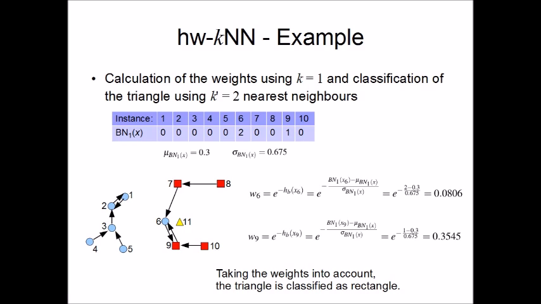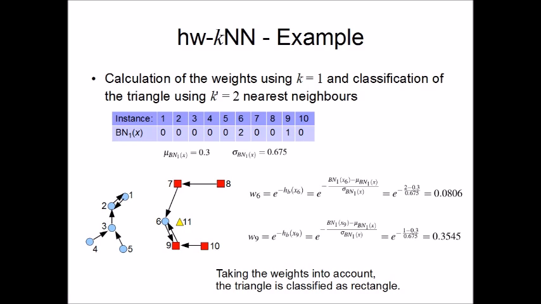As we have already calculated BNk(x) for each training instance, we know that the mean of BNk(x) is 0.3, whereas the standard deviation of BNk(x) is 0.675. So, the normalized bad Hwknn score for instance number 6 is simply the BNk(x) value of instance number 6 minus the mean of BNk(x), divided by the standard deviation of BNk(x).